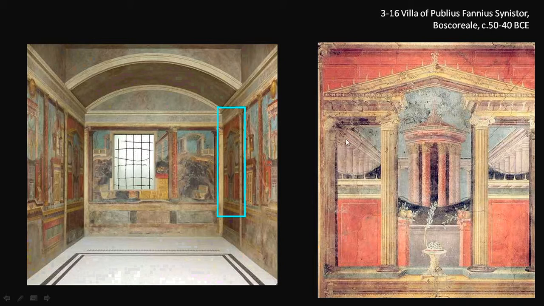And the surrounds of that temple almost looks like a forum, doesn't it? Here, with columns on either side receding into space. So a great sense of three-dimensionality in architectural painting. So this illusionism is the key to second style Roman wall painting. And we'll look a little bit more closely at it in the next art fix.